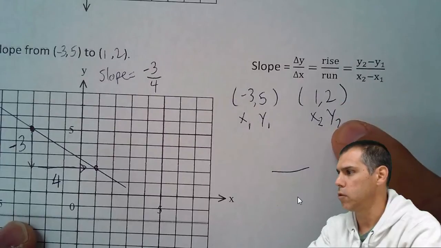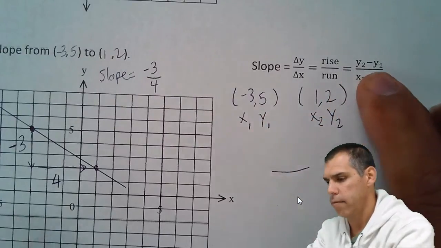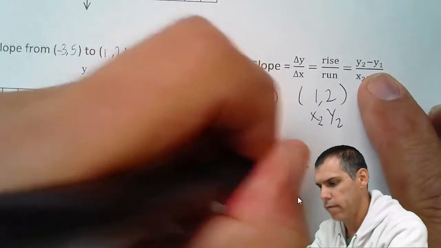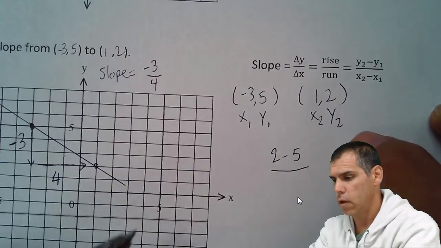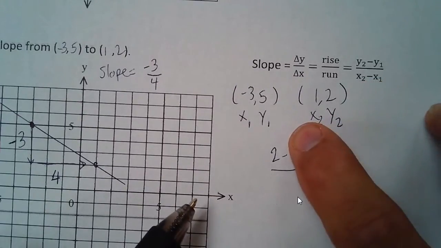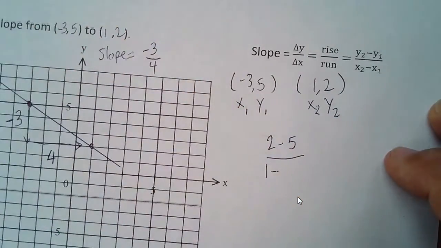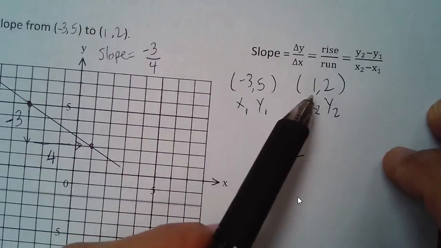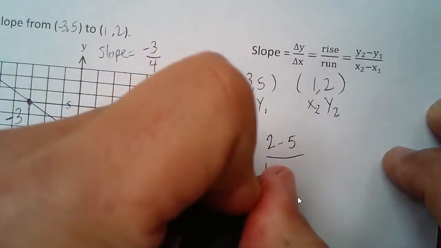So y sub 2 is 2, y sub 1 is 5, so it'd be 2 minus 5. And the x values will be x sub 2 minus x sub 1, 1 minus -3. I'll check that out. 1 minus, what is that? That's -3. So 1 minus -3.